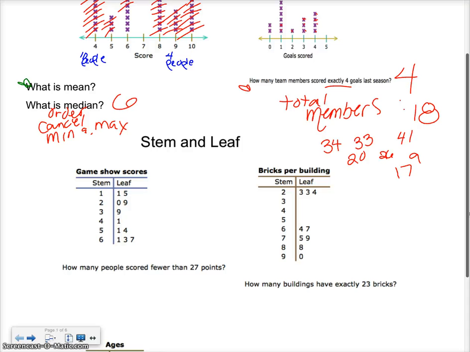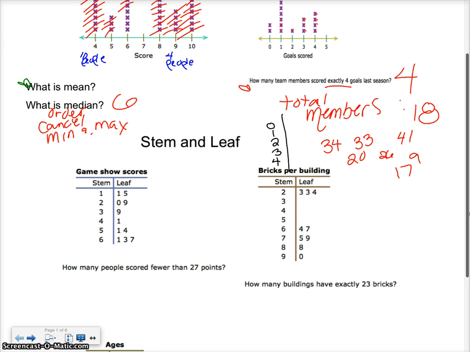I know my numbers go from the 1s to the 40s. So you can have a stem, which represents your 10s, your 20s, your 30s, your 40s. Those are my stems. Stems are constant.